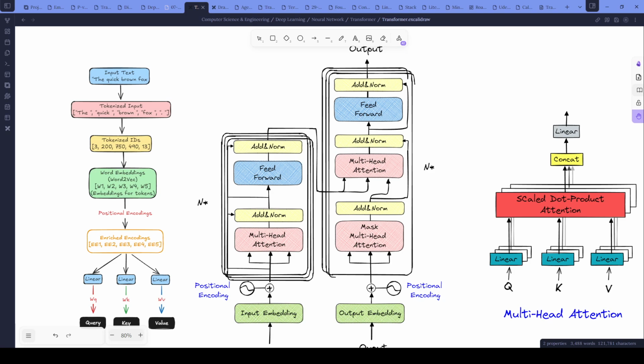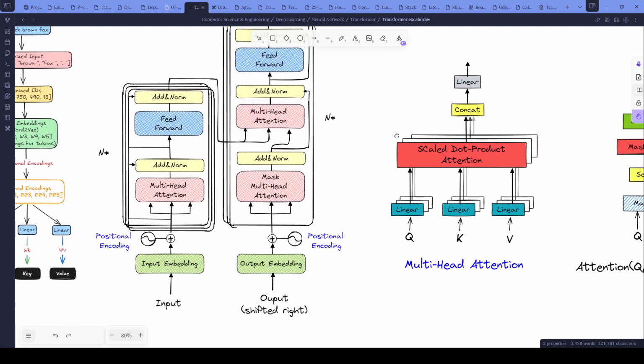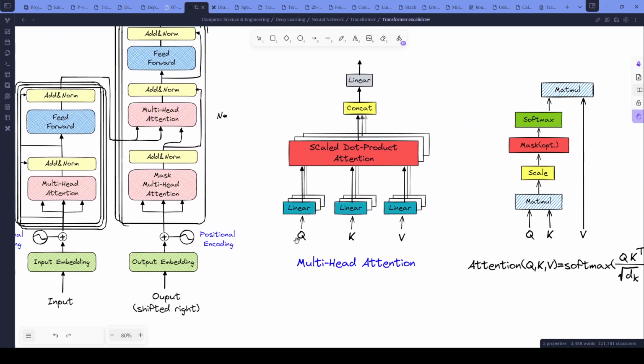When the multiplication happens with the Q and K, it's going to be something like this. On the row side there will be the start token, I, am, fine, and on the column side there will be start token, I, am, fine.